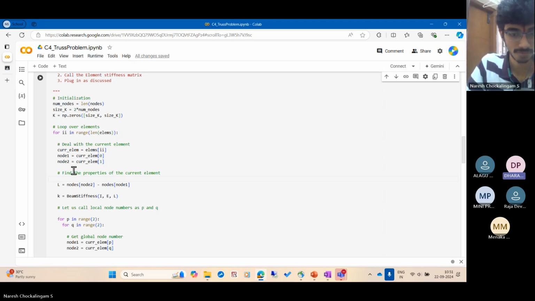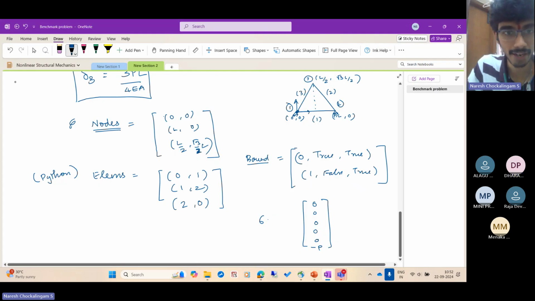It is the square root of x2 minus x1 squared plus y2 minus y1 squared. So for that we first need x2 and x1. We can start with x1. What are x1 and y1? We'll do one by one. Where did we store x1? In the nodes matrix.